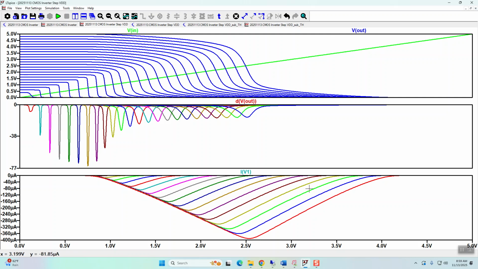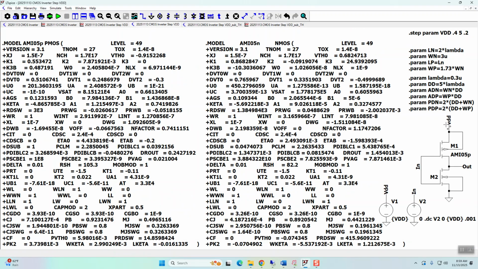Now look, this time I've plotted the current. And again, it's the current through the whole stack, right? Whatever the current is, the current through this transistor has to equal that because there's no external load. So the power is really just VDD times whatever current, right?